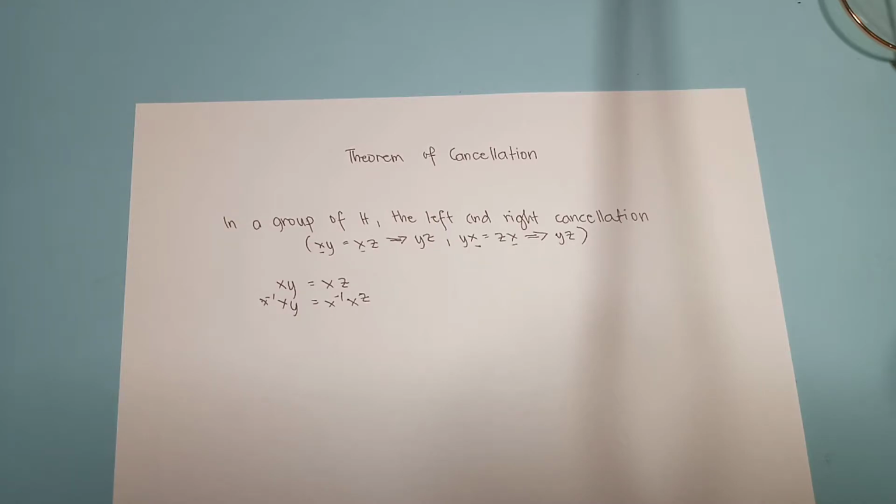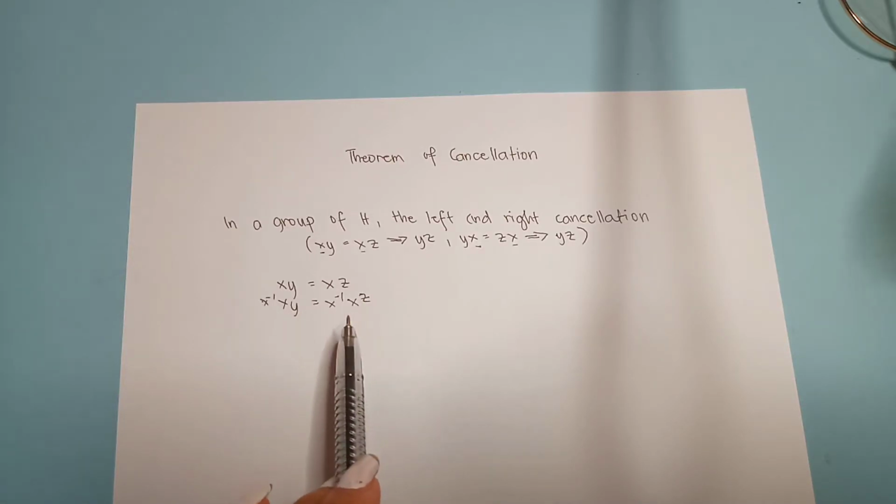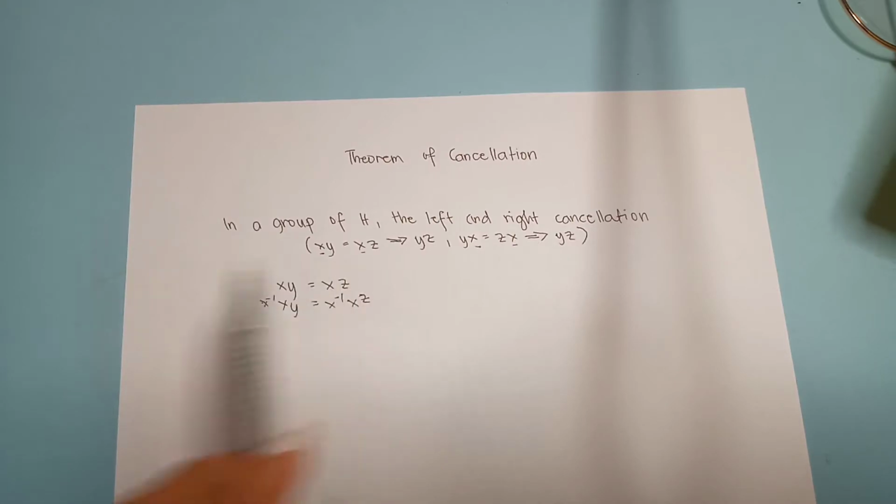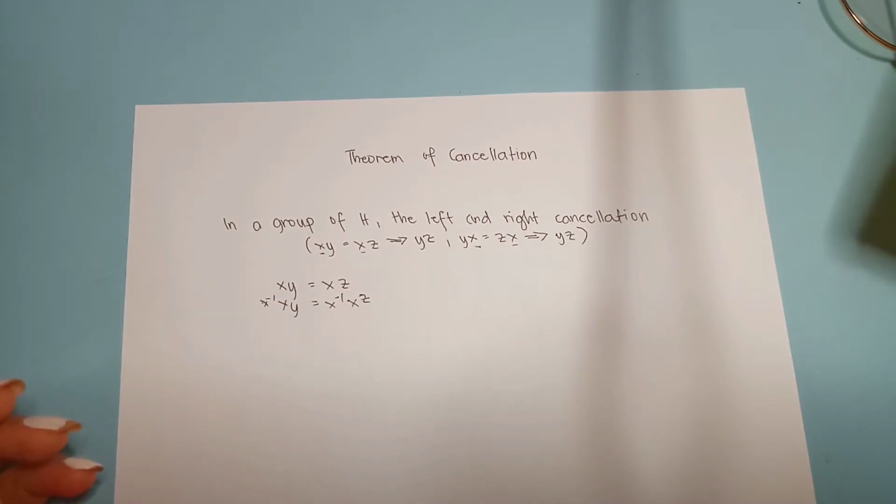But what happens here is I've got x times x inverse, and we know by definition x times x inverse is equal to e, the identity. And same thing on the left, right?